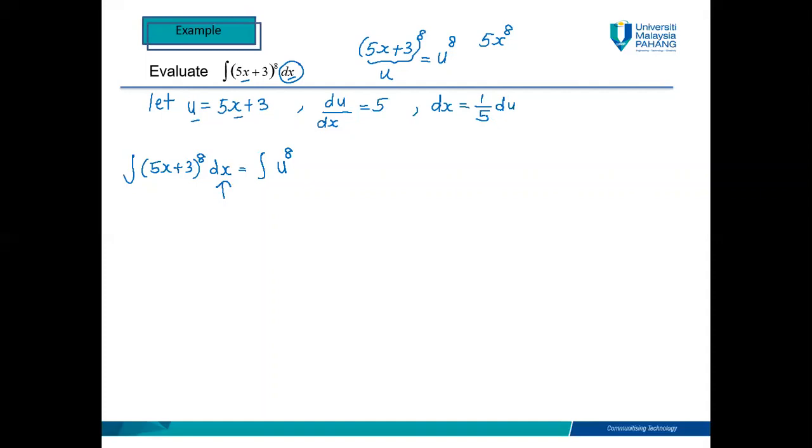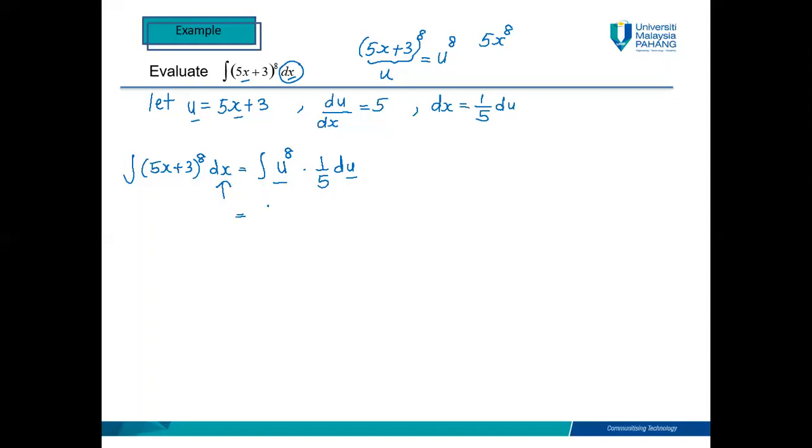Our dx now is times 1 over 5 du. So bear in mind, kalau this one dalam u, you mesti integrate with respect to u. Kalau sini u, sini then you have dx, so something wrong with your integral. So apa? Kalau u, dia mesti integrate with respect to u lah. Okay, faham ya?